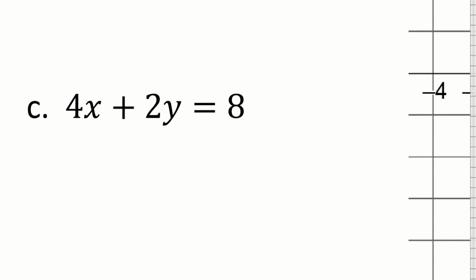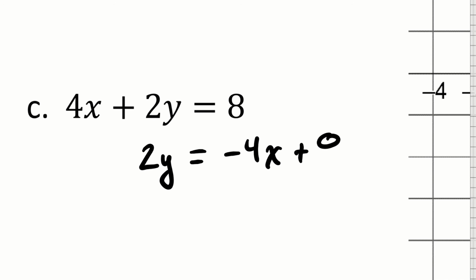To do that, I'm going to subtract 4x from each side. When I take away 4x from the left-hand side, this becomes 2y. And when I take away 4x from the right-hand side, I get negative 4x plus 8. So on both the left and the right-hand side, I've subtracted 4x.